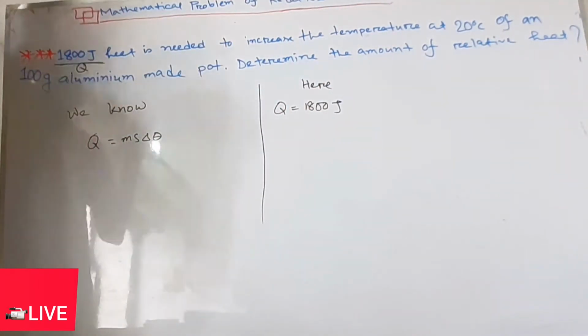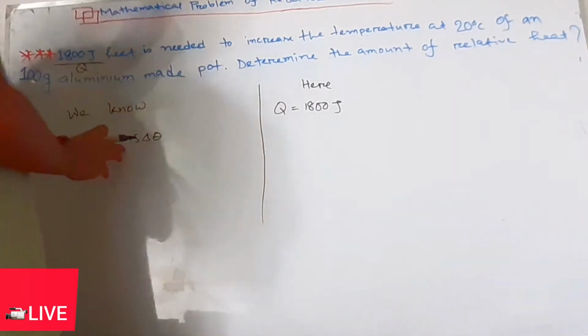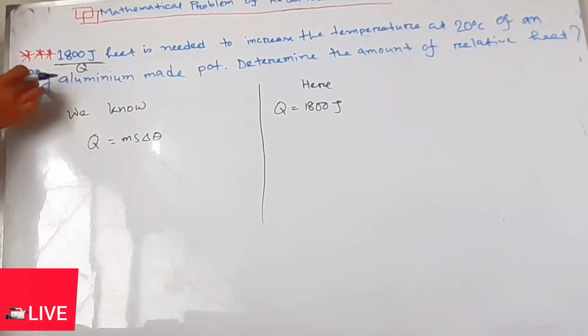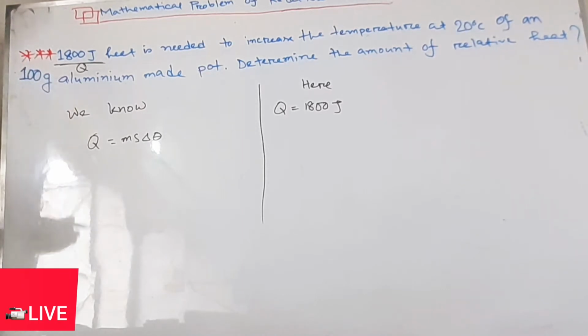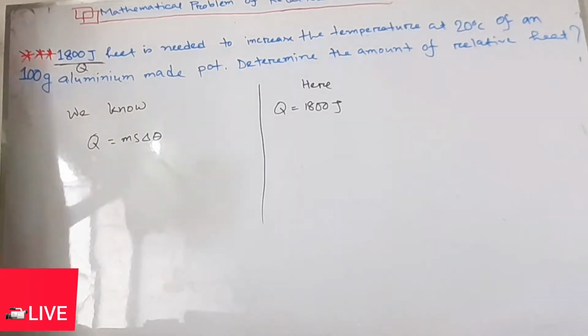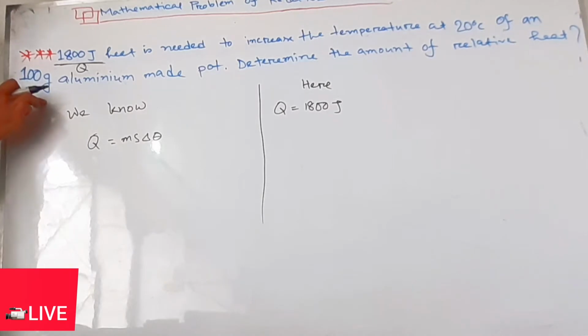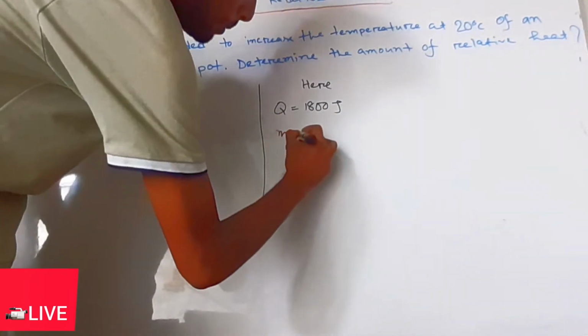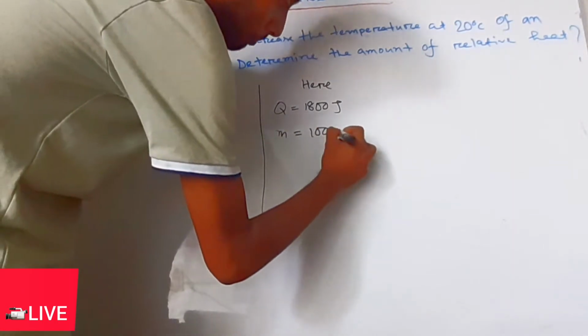Now we need m. You are noticing that we already have the magnitude of m, 100 gram, but we'll have to convert it because it is given in gram unit. We will convert it into kilogram unit. So write m equal to 100 gram.